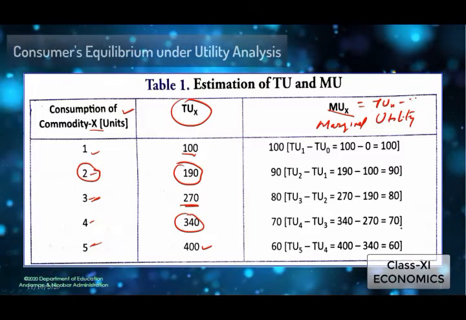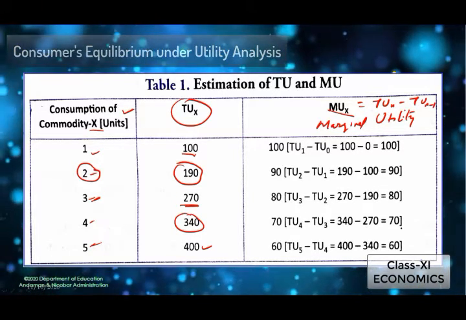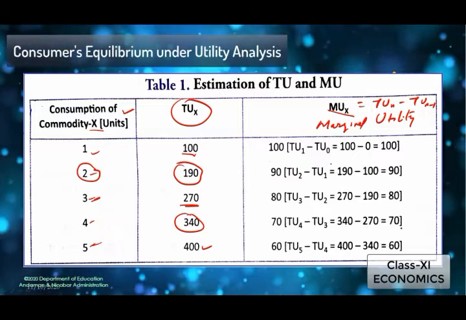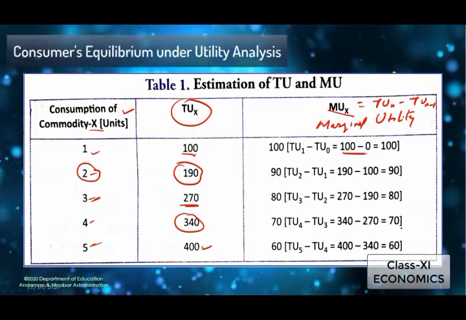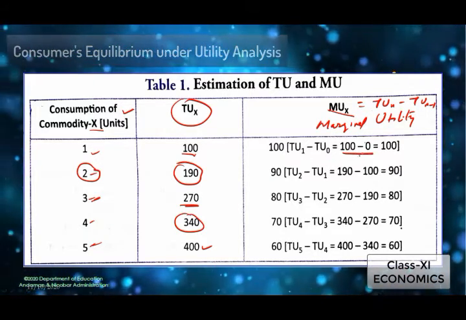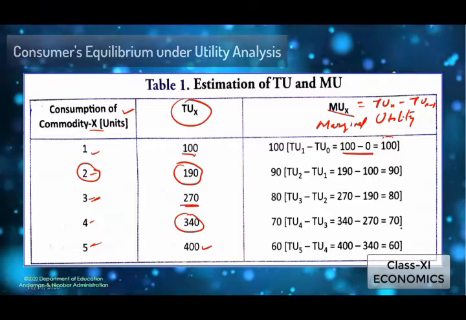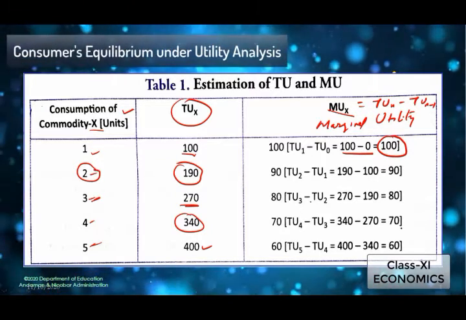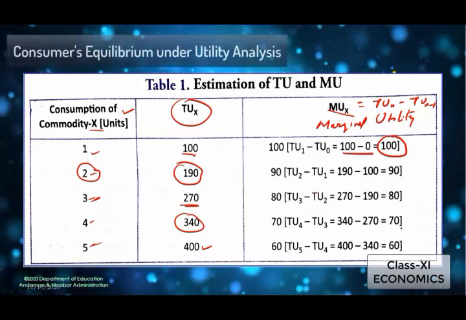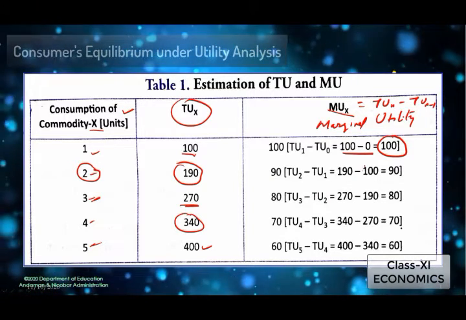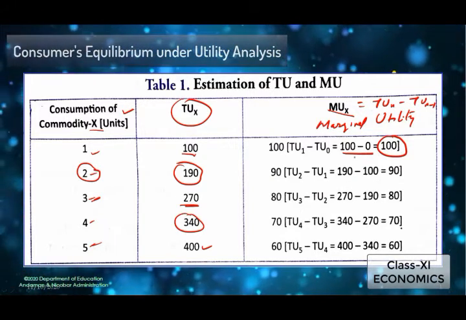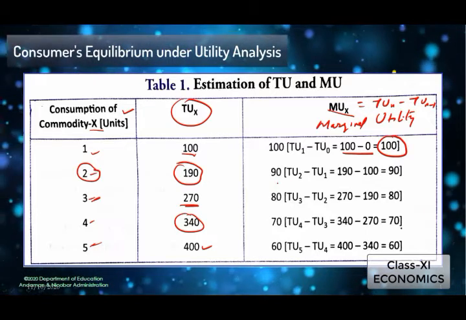So here the n is what? The nth number is the first one, 1. So what is the first TU? 100 minus the previous TU, which is nothing, that is 0. So 100 minus 0 is 100. So in the first unit, TU is equal to MU, both have the same value, that is 100.